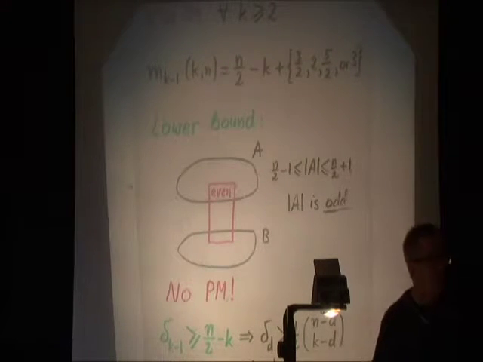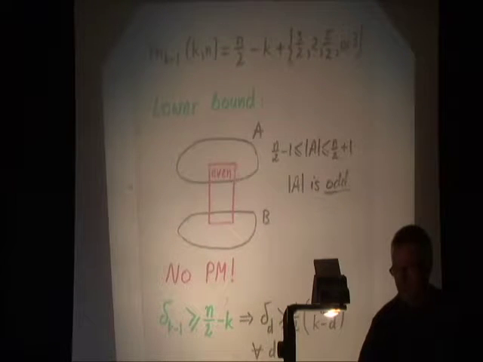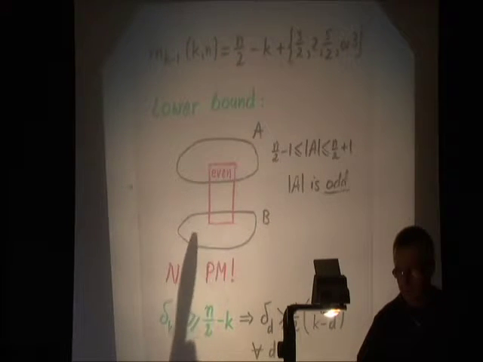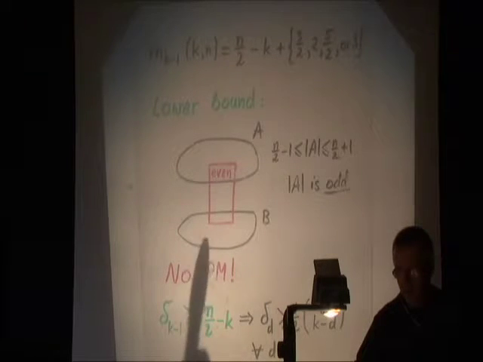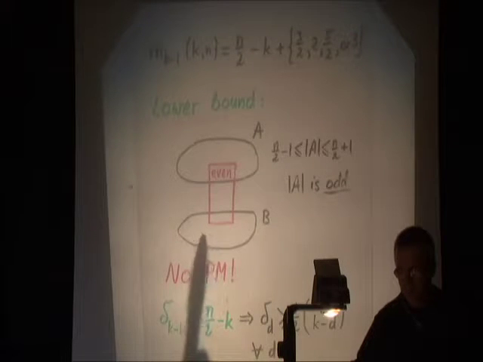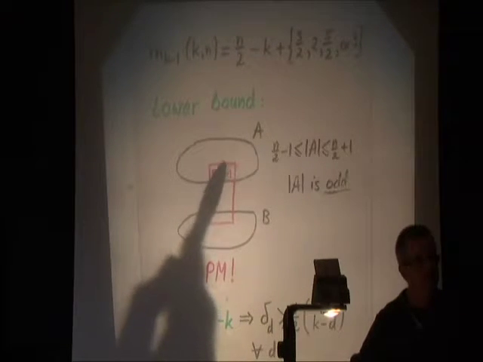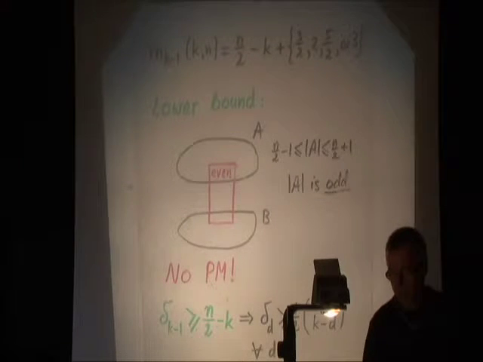Then, of course, there is no perfect matching, because A is odd and you can only bite off an even number at a time, so you never cover A. But then if you look at the degree, for example, if k is odd and you take k minus 1 vertices here, then the neighbors have to also be in B, because you cannot have just one vertex here and k minus 1 here. So this is the worst case. But anyway, this kind of bound we get.